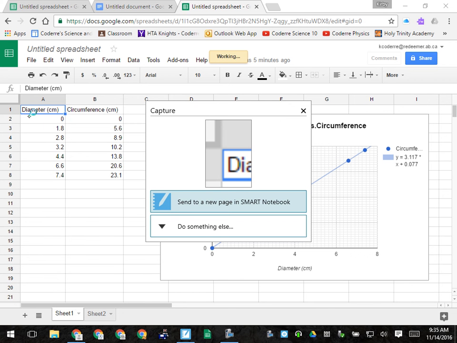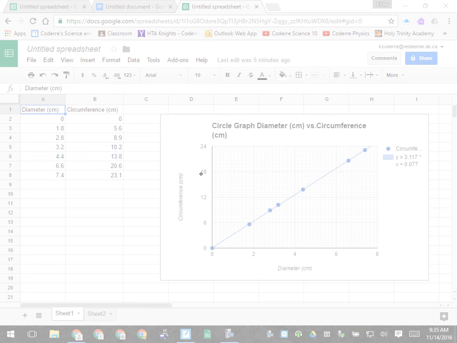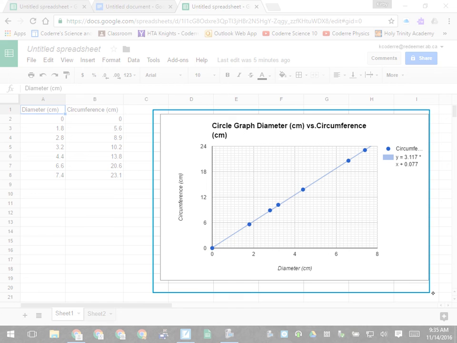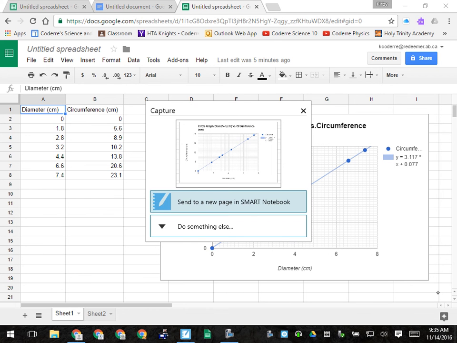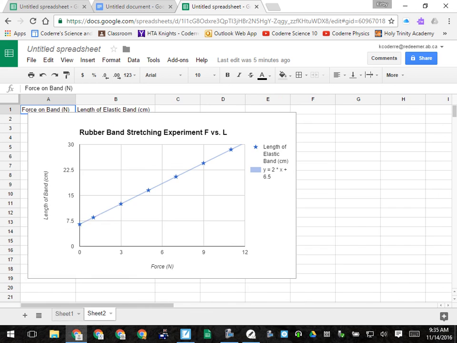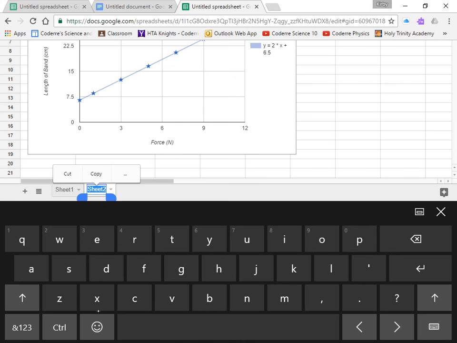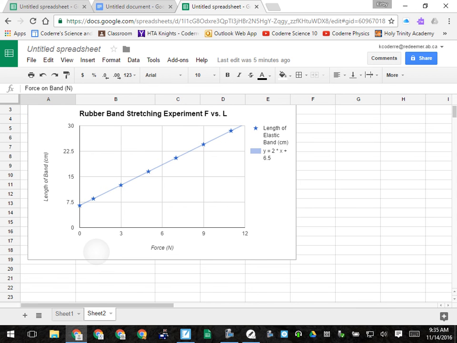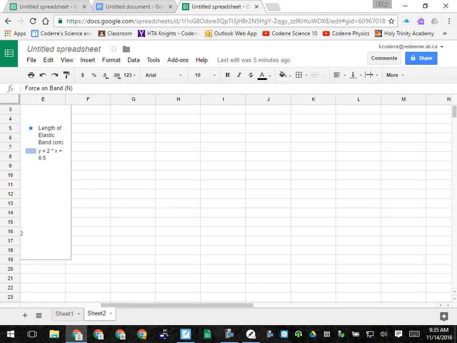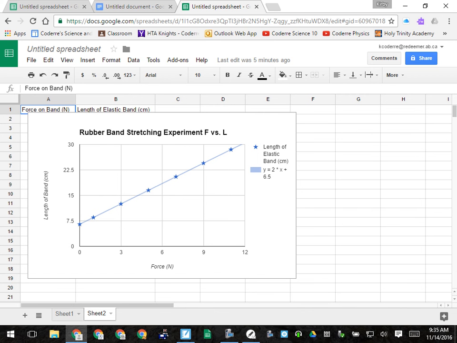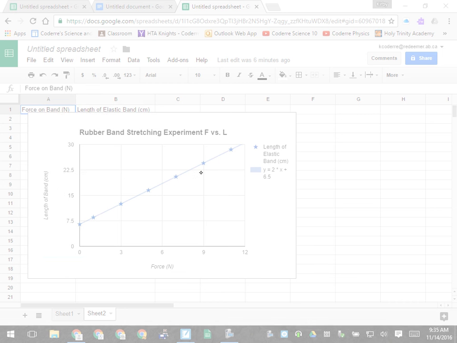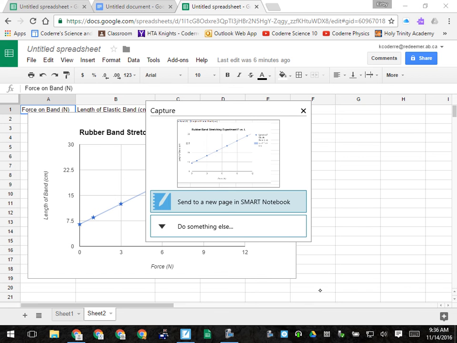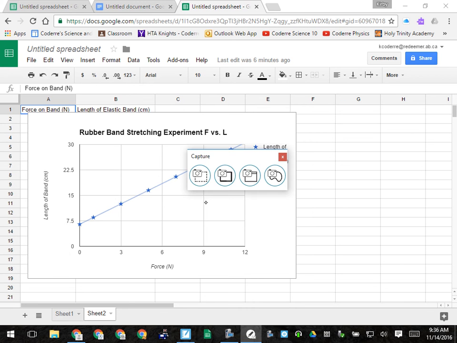Ah, my graph is gone. That's not the right graph. I'm going to lose my mind. I hate Mondays. What? I actually did what I wanted. That's a terrible lesson to teach you right there. Into a new page in Smart Notebook. Yes, that's what I want.